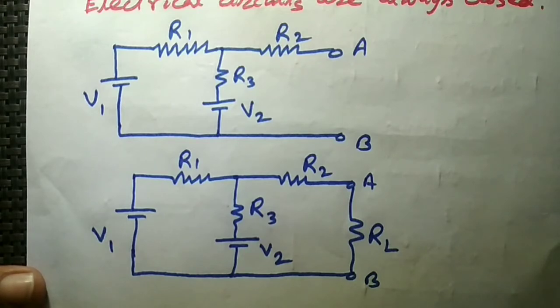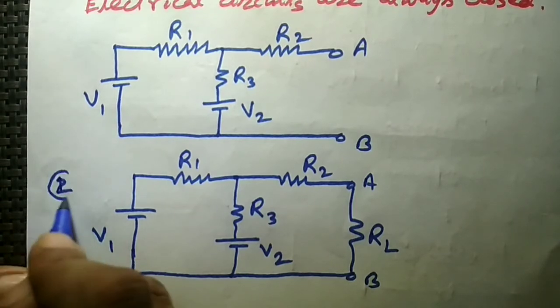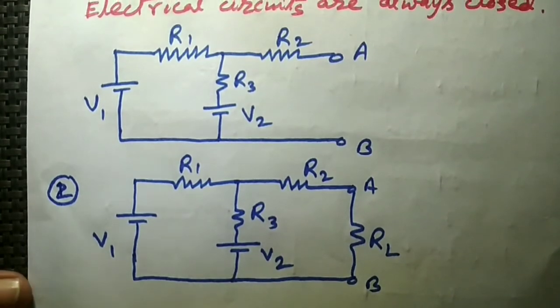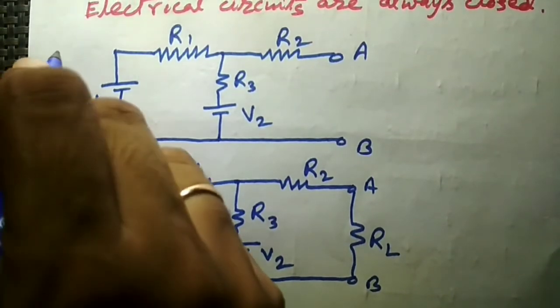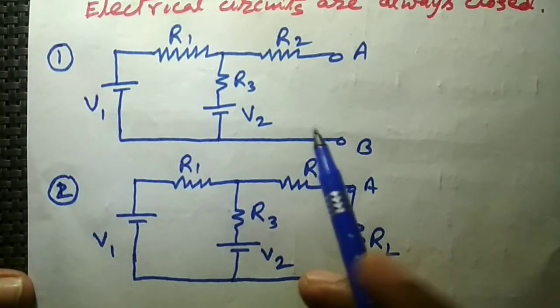In this case, it makes a closed path, so it can be considered as a circuit. Remember one thing, the second interconnection is a circuit, but it can also be considered as a network. But the first case will always be considered as a network. By definition, technically it cannot be considered as a circuit.